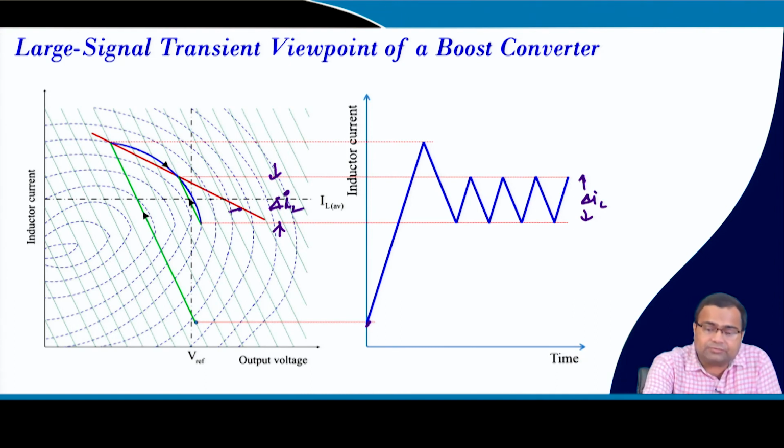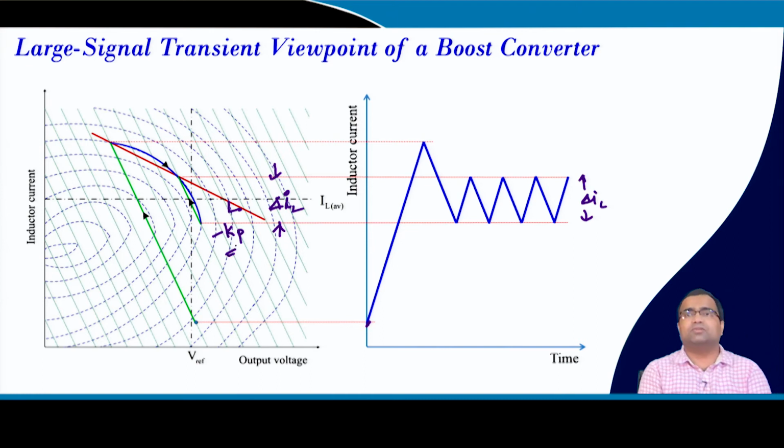And this is the switching surface where the gain is minus Kp, and I will tell you how we are going to relate it. So, some gain is there, and we have discussed this in the context of sliding mode control, or boundary control, in the previous lecture, I think lecture number 47.